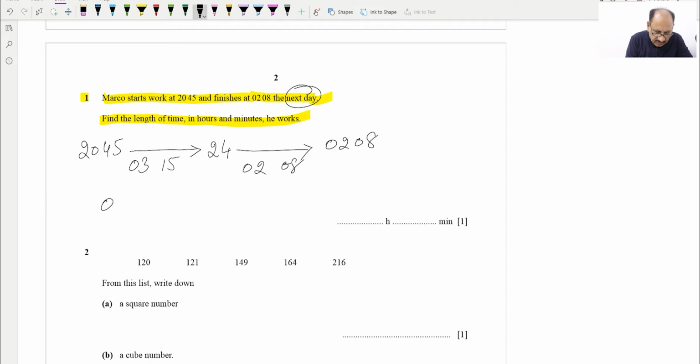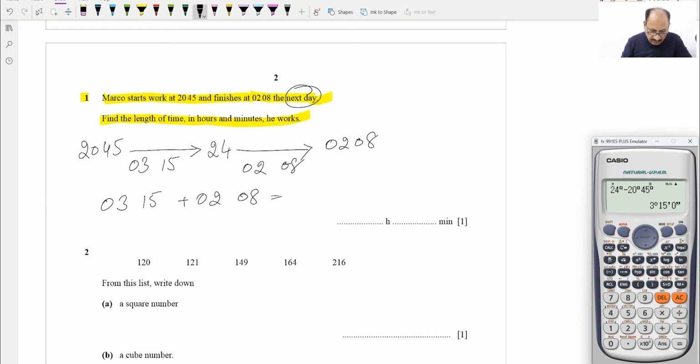If we add 0, 3, 15 plus 0, 2 and 08, 3:15 is already there, so plus 2 hours and 8 minutes will give us 5 hours and 23 minutes.